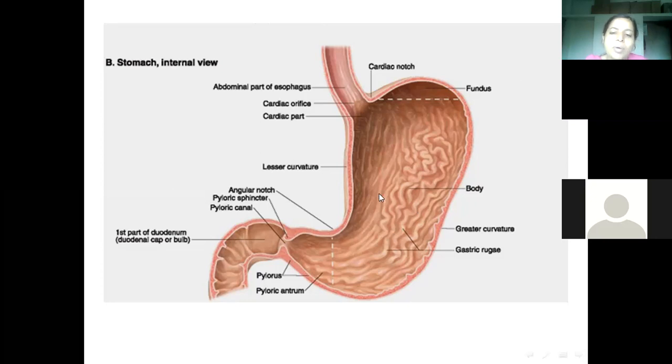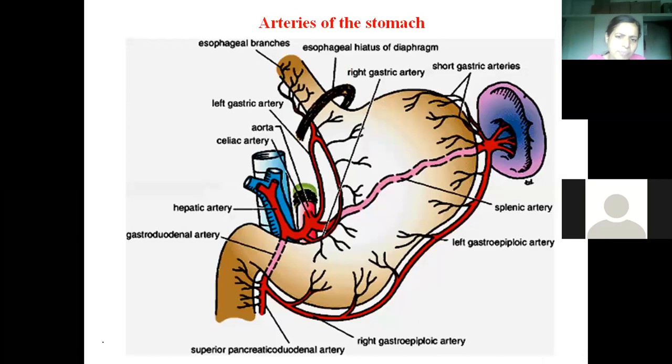Gastric glands open in the mucosa, and those openings are called gastric pits. The purpose of gastric pits is to pour out the gastric juices. The gastric juices enter the lumen of the stomach and help with the process of digestion.